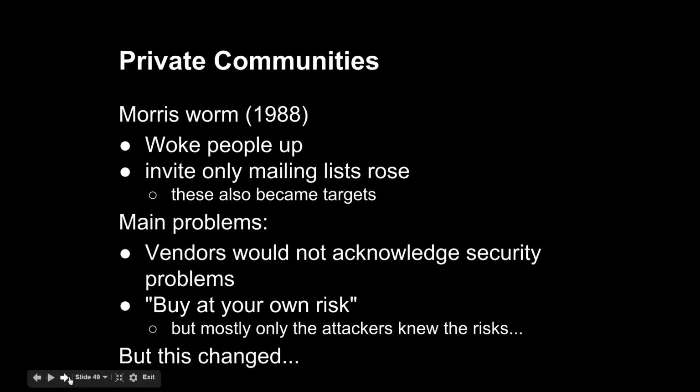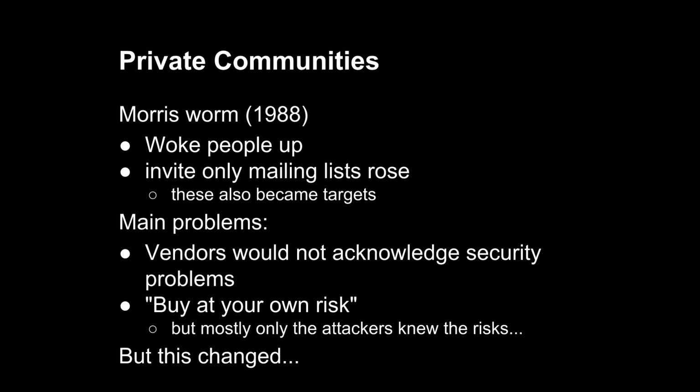But in 1988, the Morris worm hit the internet at the time and really woke people up that, hey, you can do really malicious things and cause a lot of damage. And so, in response to that, a lot of people put together security mailing lists.